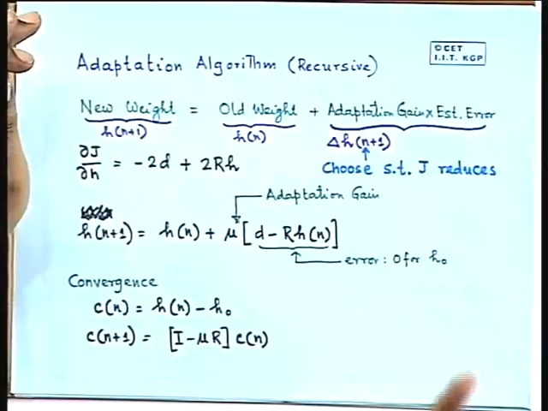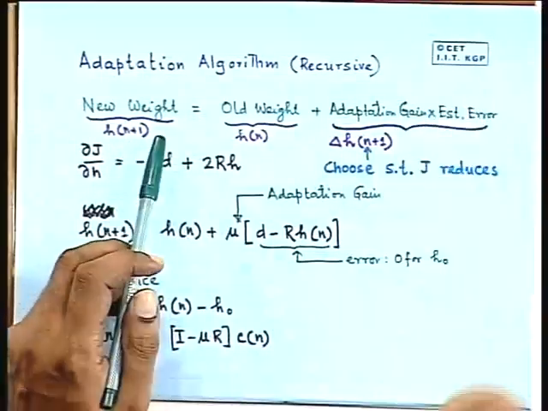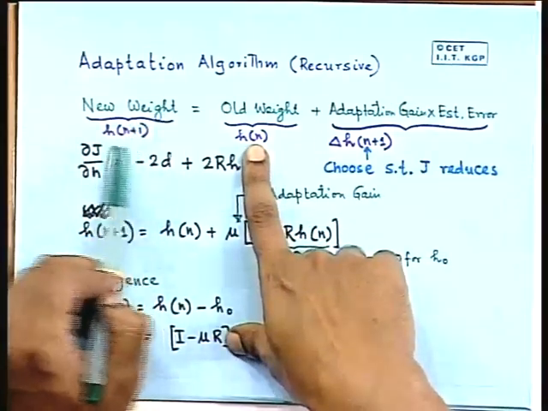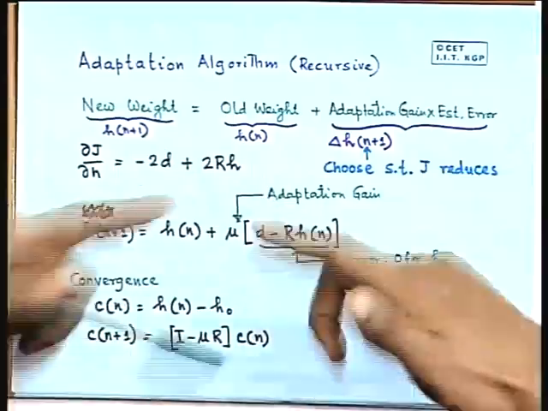So typical adaptive algorithms, there are two guiding principles. You will find that 95%, probably 99% of all adaptive algorithms come in this form. That is, whatever you want to adapt, say in this case we want to adapt Hn, right. So the new weight Hn plus 1, as you are getting new data, you are adapting the weight.